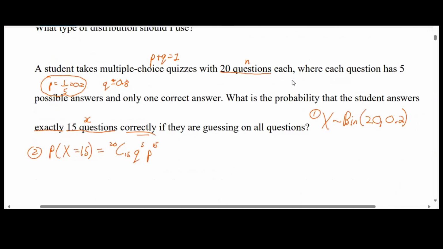The trick in this, obviously, is that I have to plug in what Q and P are. So Q was 0.8, and then P was 0.2.